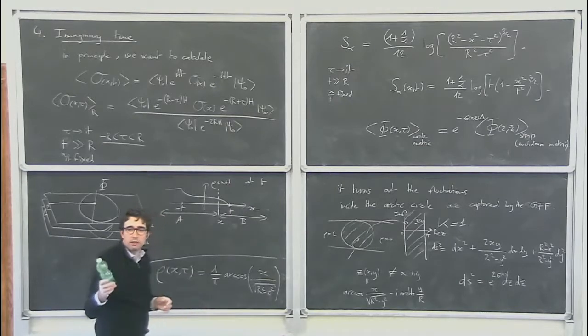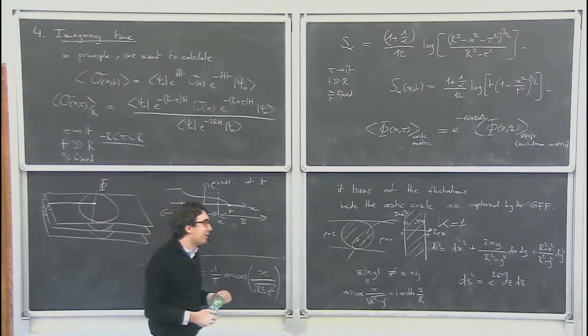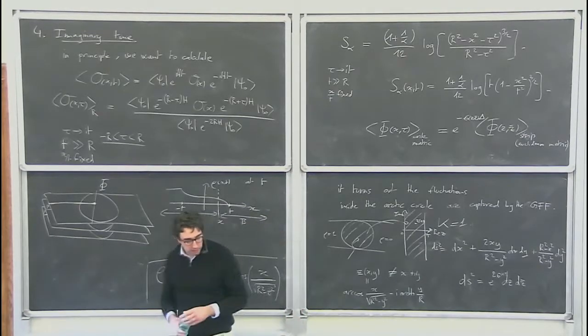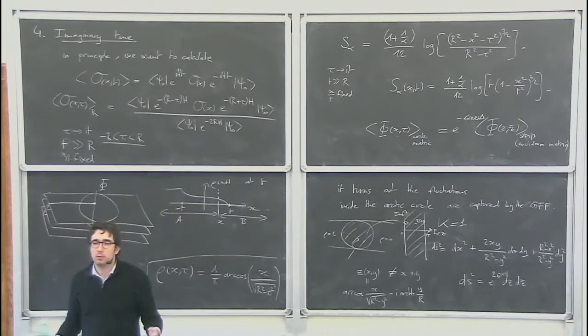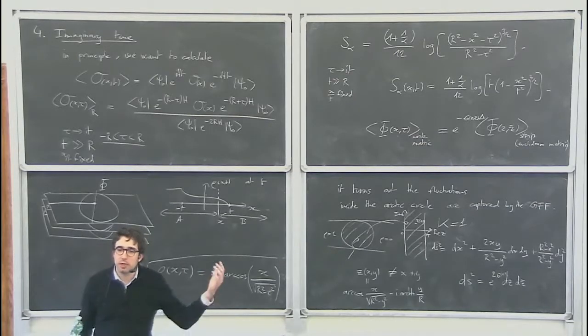But maybe Eric has more to say about this. In the end, when we use the replica trick, it's all about integer alpha larger than 2. So how come we actually get the result for any alpha?